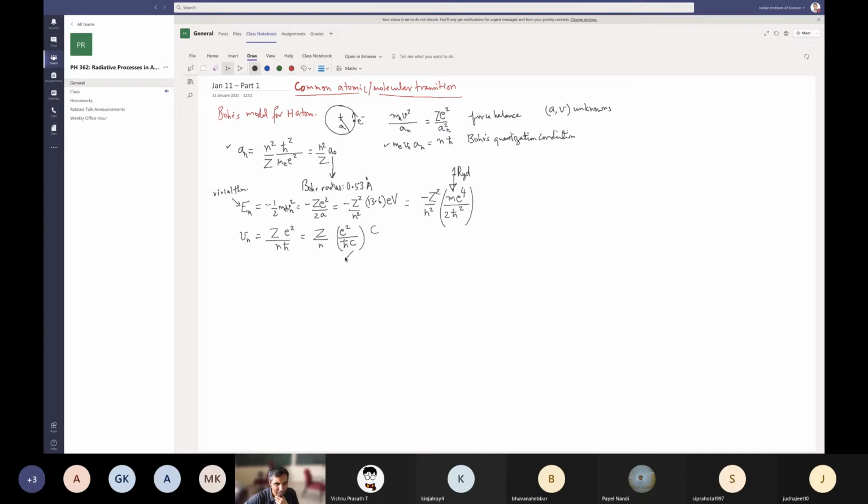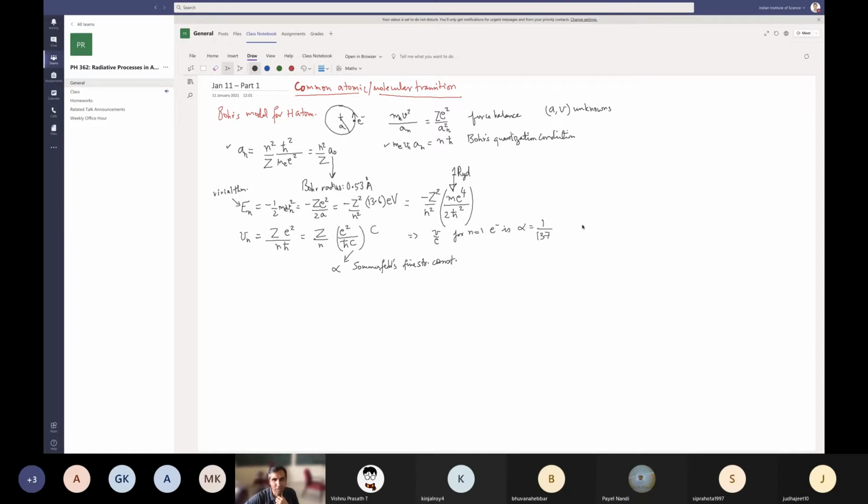So this is called Sommerfeld's fine structure constant. Basically it means that v by c for the n equal to 1 electron is alpha, which is equal to 1 by 137.